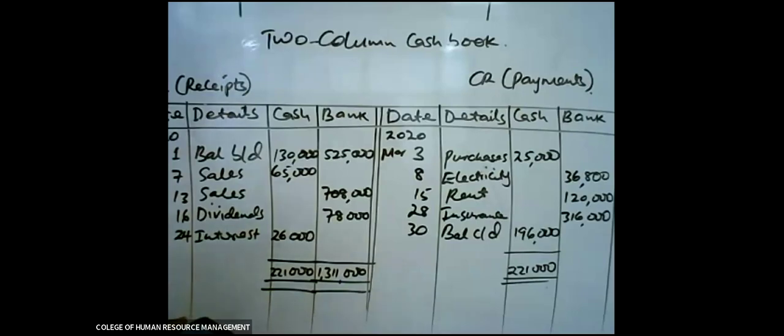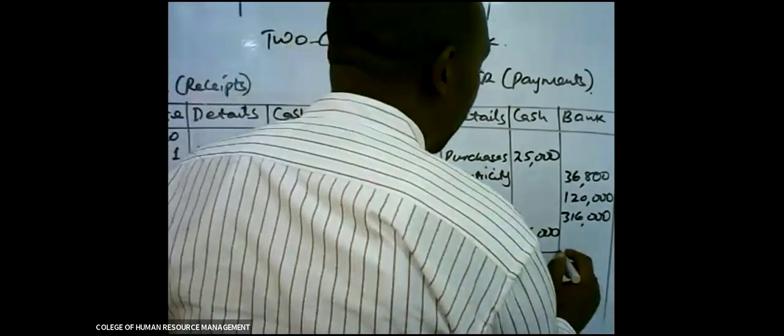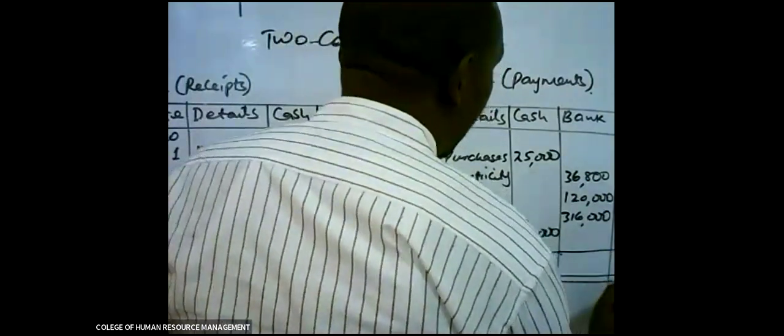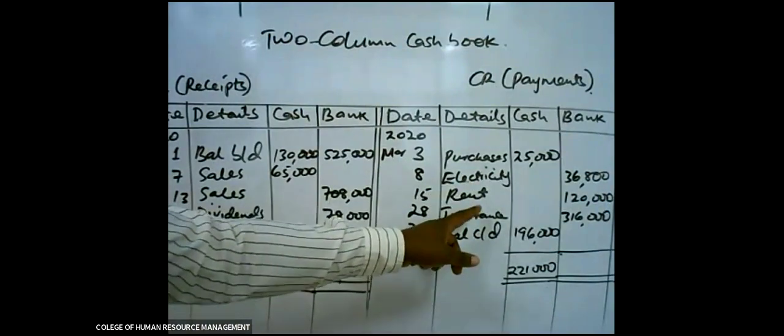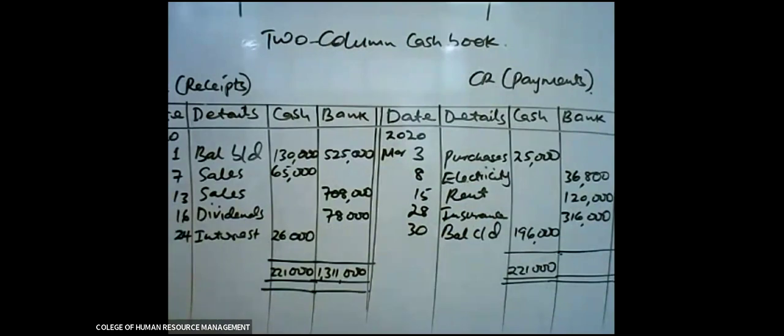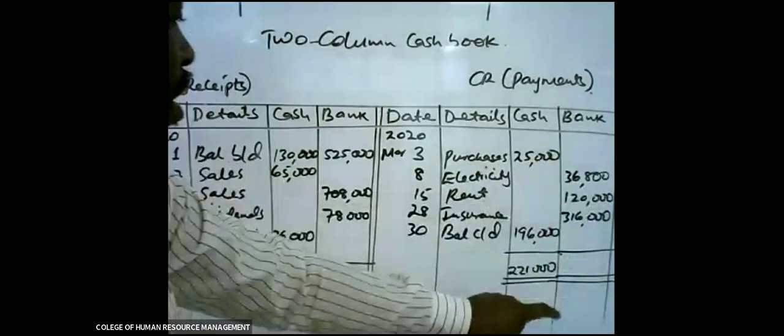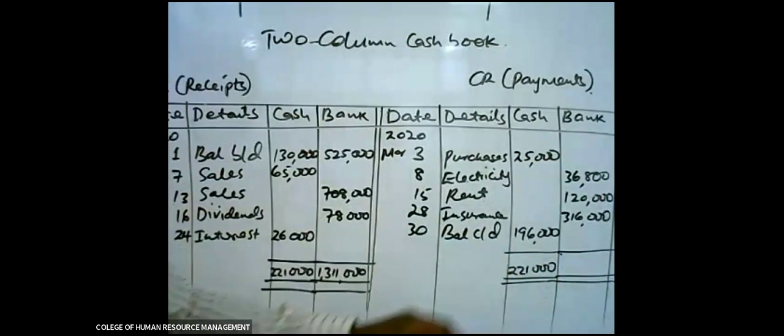But that amount of money was also spent. So how much did we spend? So we minus the cash from bank that was spent to pay electricity, to pay rent, and to pay insurance. So after spending those amounts, how much is our closing balance in the bank?